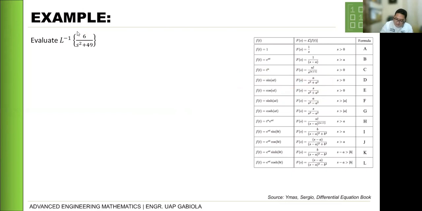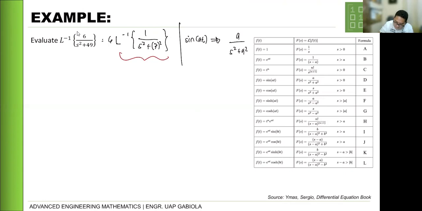Okay? So let us just factor out first yung 6. So L negative 1, we have 1 over s squared plus 7 squared. And then, ang gagamitin natin transformation again is si sine at transform into a over s squared plus a squared. Okay? So, mula dito sa transform equation natin, ano yung makukuha natin?